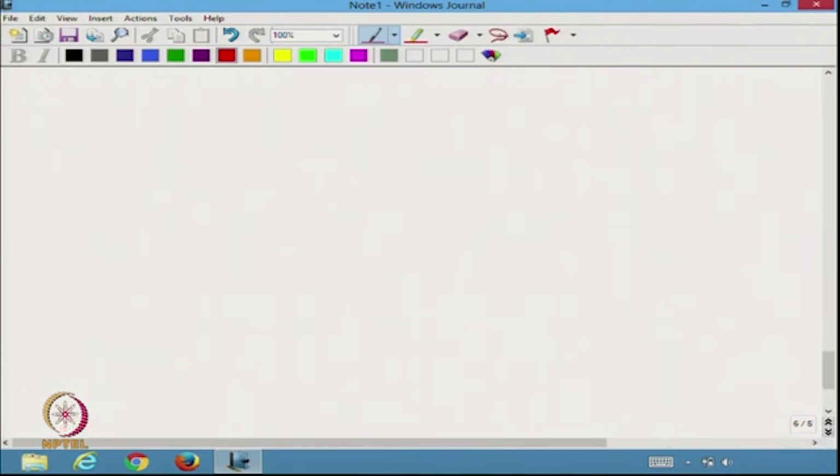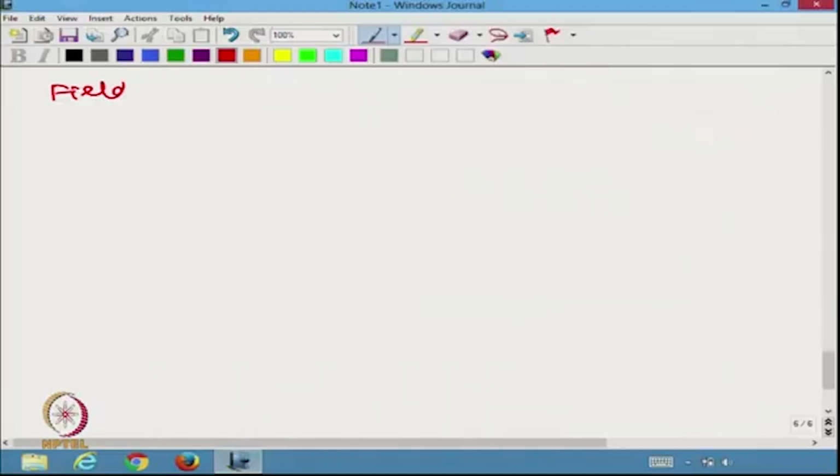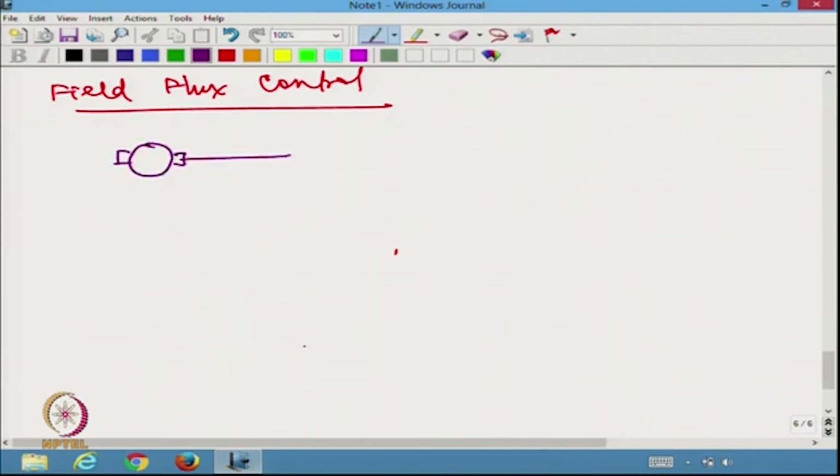Now, let us try to look at the last type of control, which is field flux control. So, we are looking at field flux changing, which means I am going to have here the armature. I am going to keep very clearly VA as a constant, because I told you only one thing is changed at a time.